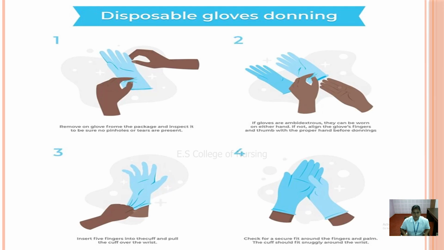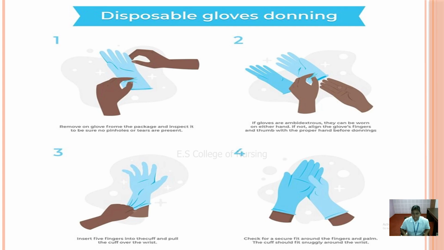So these are the steps to wear the gloves. First, remove one glove from the packaging and inspect it to be sure no pinholes or tears are present. If the gloves are ambidextrous, they can be worn on either hand.